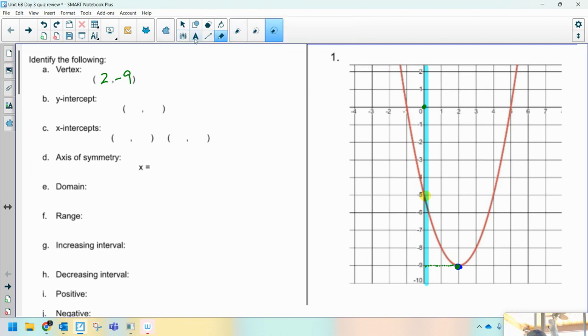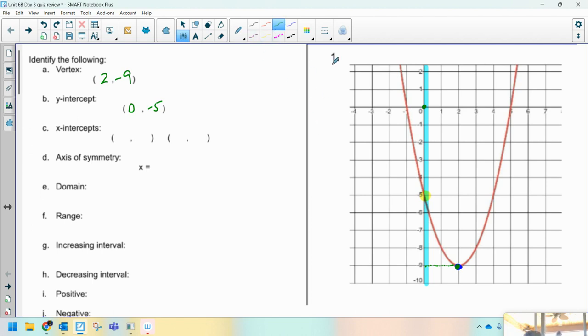This is how we do it. To find this point that's in yellow, we start in the middle. Do we go left or right? No. So the first number is going to be 0 because we do not move left or right. But we go straight down and we're at negative 5. So our y-intercept is (0, -5).